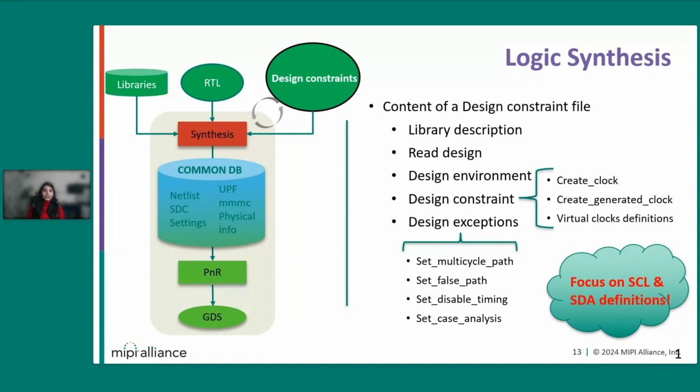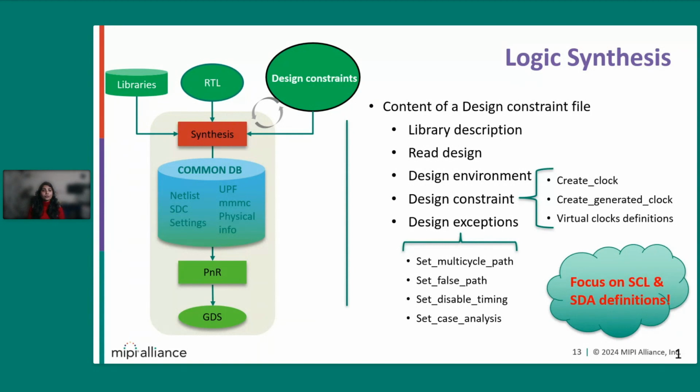So, for example, here, if we see the content of the design constraint file, we have the library description that will include the target library, symbol library, and link library. The read design part will elaborate and analyze the design.